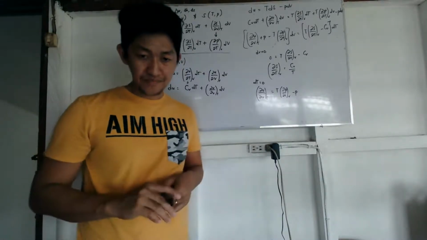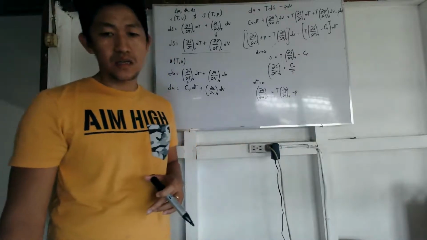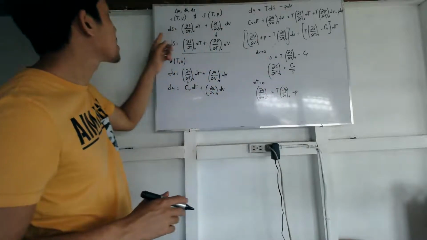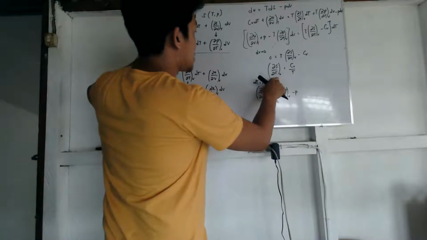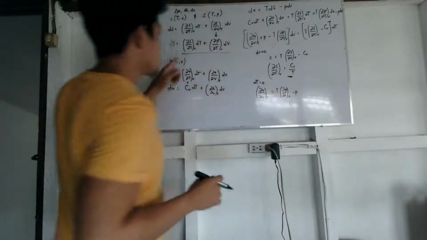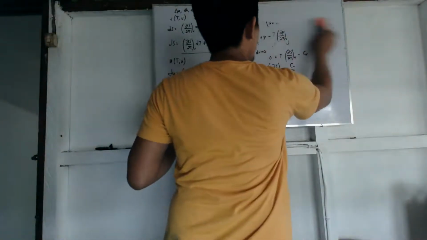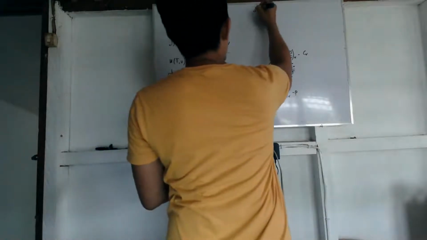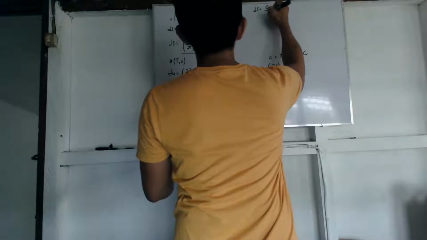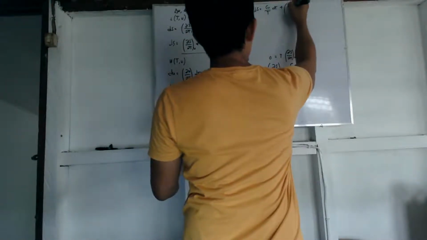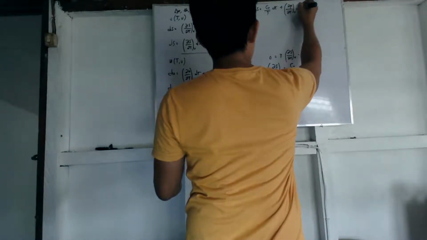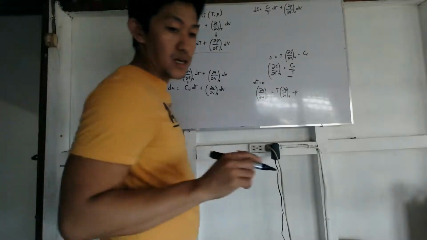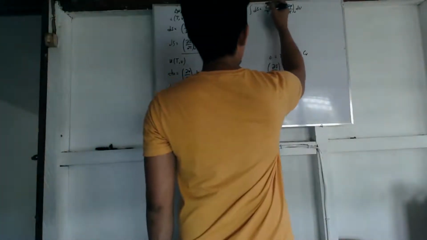So, we insert this back here, and as a result you have dS equal to Cv over T dT plus partial of P with respect to T dV. Okay. Since our objective is the change in entropy, we integrate this from 1 to 2.